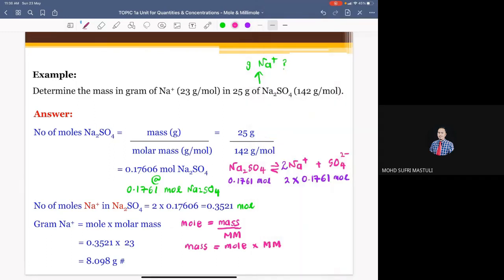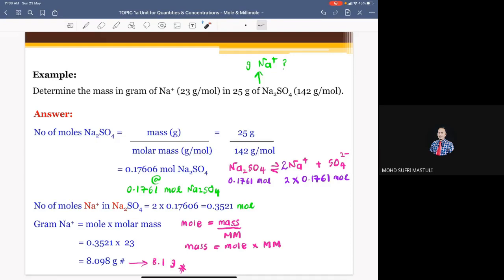So this is the final answer. You can write this final answer in 1 decimal point, 8.1 gram. This is the final answer.